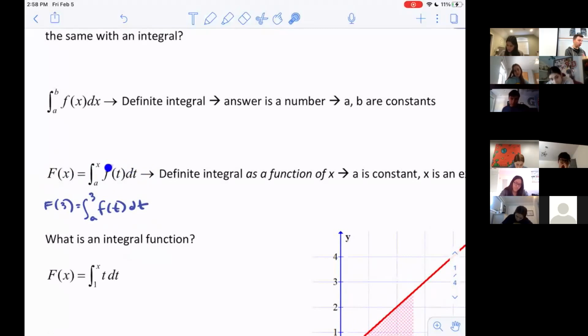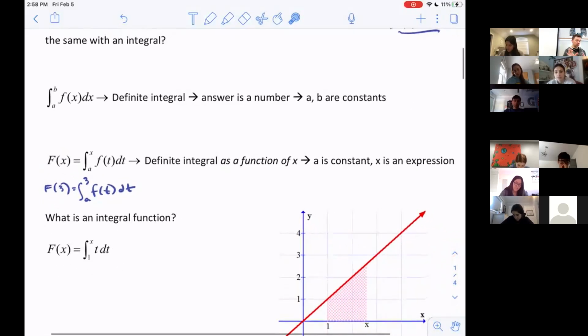Now the function we're graphing and finding the area underneath is f of t. And the function that is the area from a to some value, that's where the x is coming from. Try not to get too hung up on the fact that it's t. We're just naming this in a different way.